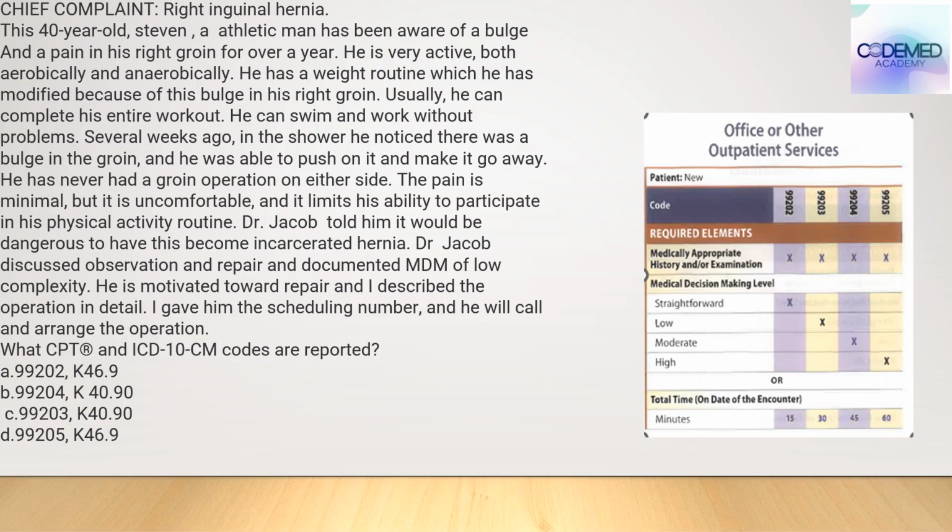Now, all the codes, if you see, are for a new patient. So this is a new patient. The meeting happened in the office, and what is the MDM? MDM is low. So if you take all these things and check the table here, you will realize what the correct code is.